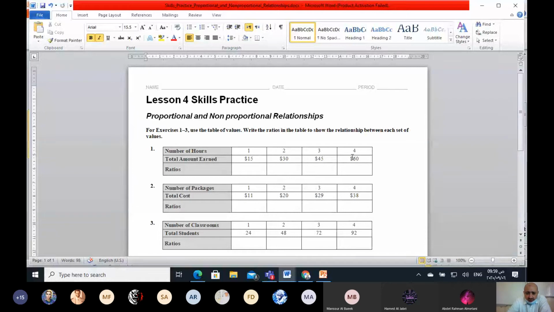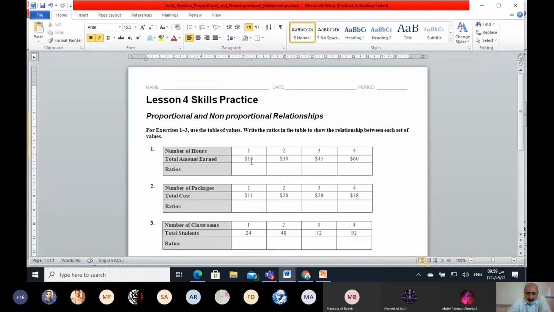And the question here: use the table of values, write the ratios in the table to show the relationship between each set of values. Just choose two ratios. For example, here we have 1 over 15 and 4 over 60. I will take the first one and the last one.